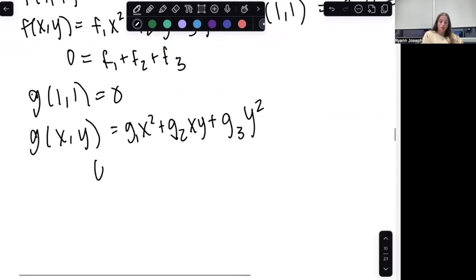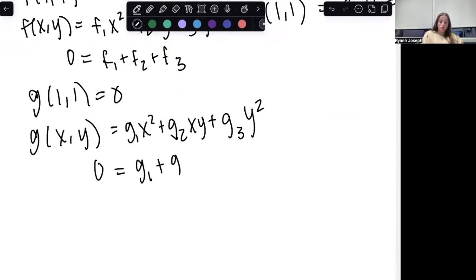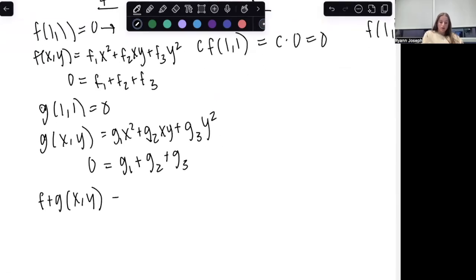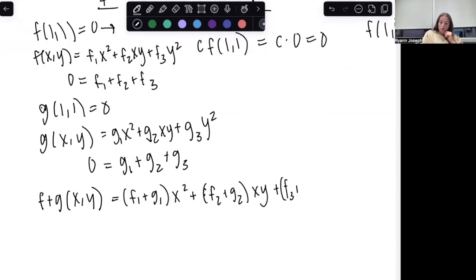That means that 0 is equal to g1 plus g2 plus g3. This is asking if I added them together, this is still going to be true. So f plus g of xy would mean f1 plus g1 x squared plus f2 plus g2 xy plus f3 plus g3 y squared.